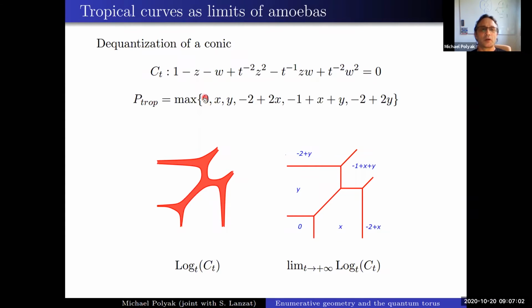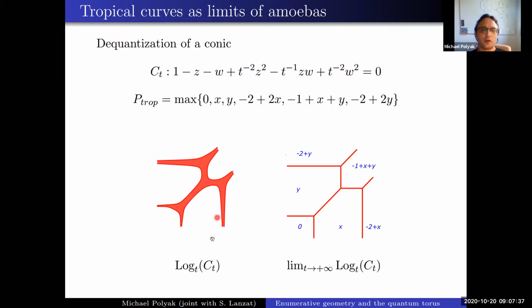So 1 goes to 0, z goes to x, w goes to y. The term where t is to the inverse 2 power gives you minus 2 here, z squared gives you 2x, and again t inverse gives you minus 1, z and w give x and y. The last term, which is t to the inverse square, gives you minus 2, and w squared gives you 2y. Right? So it looks as follows.